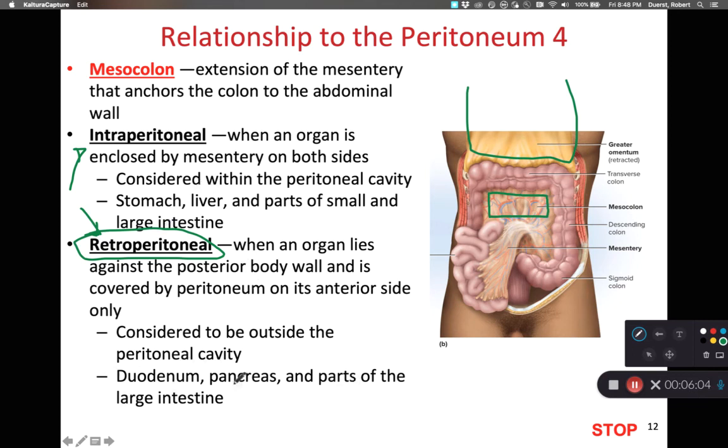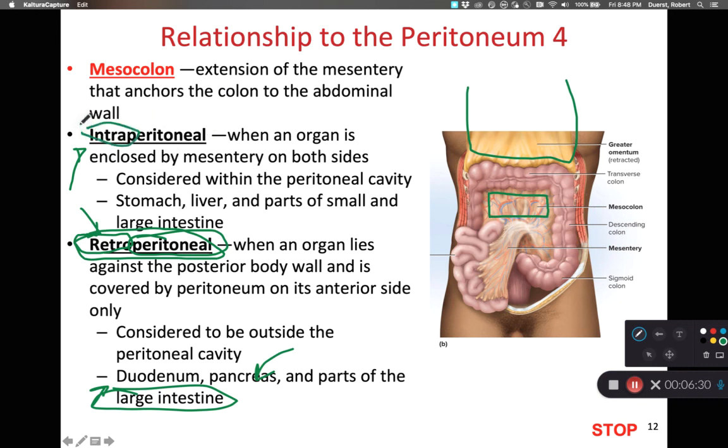And as we look at this area, the duodenum of the small intestine, the pancreas, and some regions of the large intestine, in addition to the urinary system, are all considered retroperitoneal. When we think of retro, think behind, and then peritoneal refers to the cavity or the membrane of the peritoneal cavity.